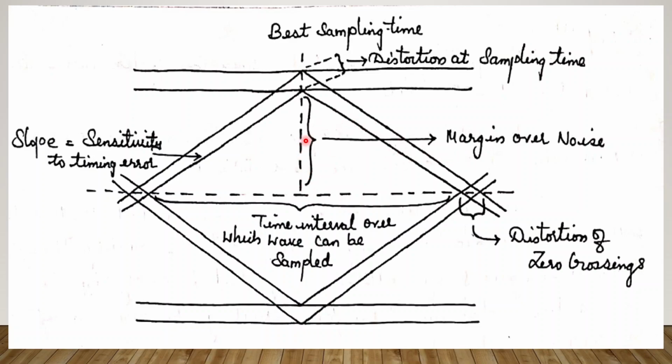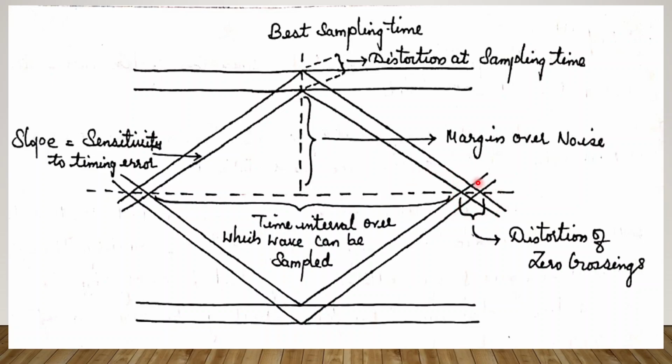If this distance is reduced, the margin over noise is also reduced. That means we cannot tell whether we received the bit because of noise or because of the signal, so we may get confused and lose the information. If the eye opening is high, the system will be better at reception or detection.